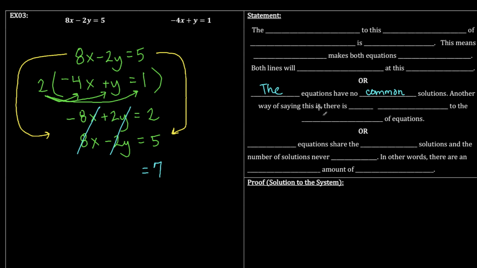Another way of saying this is there is no solution to the system of equations. So let me make sure that sounds right. The equations have no common solutions. Another way of saying this is there is no solution to the system of equations. I guess I could have probably made this better, but that works.